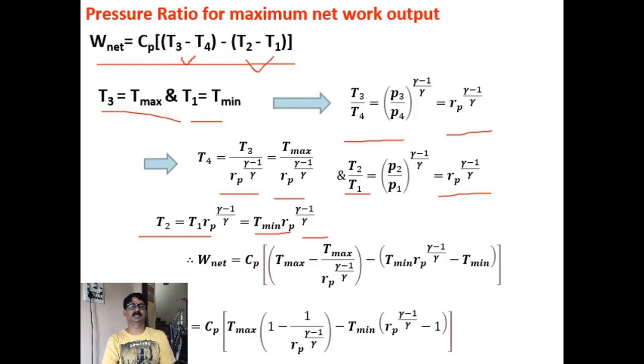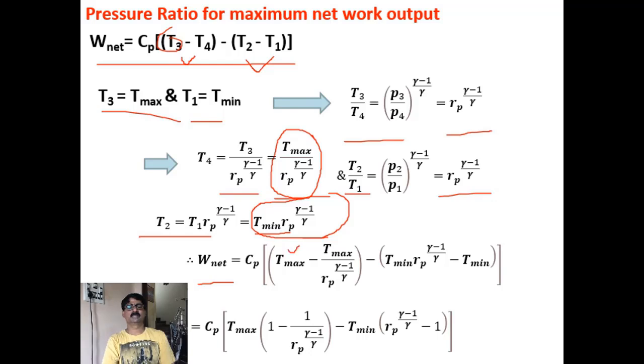That means here T4 and T2 are expressed in terms of Tmax and Tmin. T4 is Tmax by Rp to the power (gamma minus 1) by gamma, whereas T2 is equal to Tmin into Rp to the power (gamma minus 1) by gamma. Now substitute there. So W net is equal to Cp. The first term here is T3, which is nothing but Tmax.